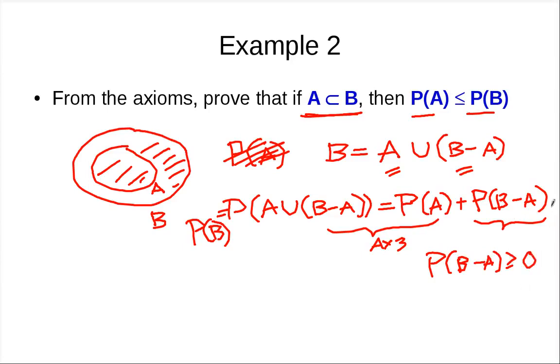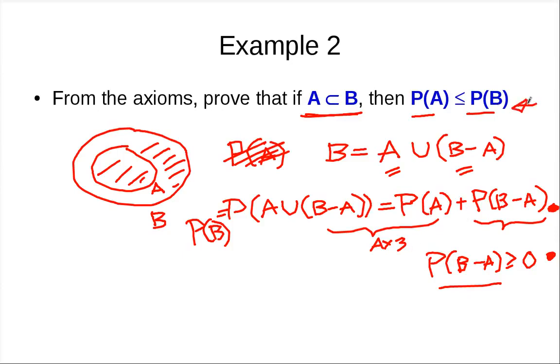So from this one and this one, you can conclude that P(A) is at most P(B), because this term is at least 0. Using basic algebra, you can get this.